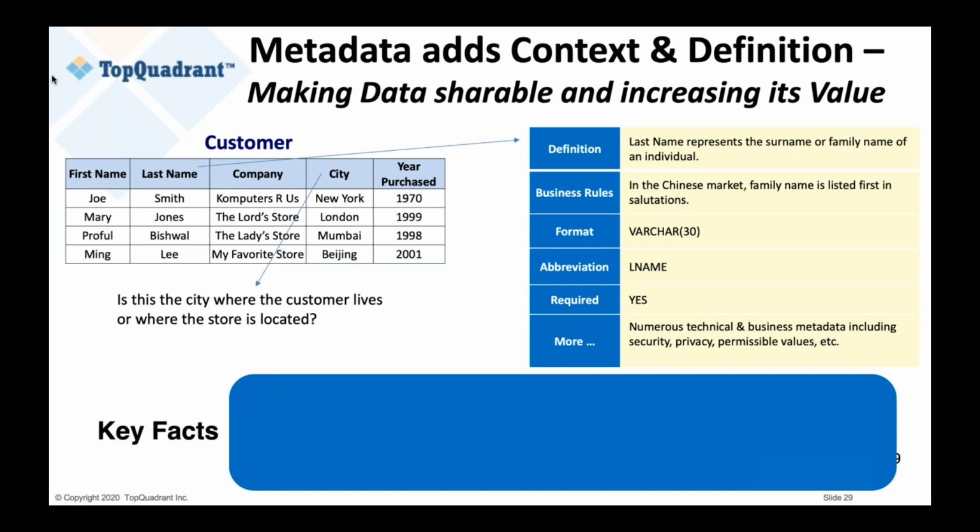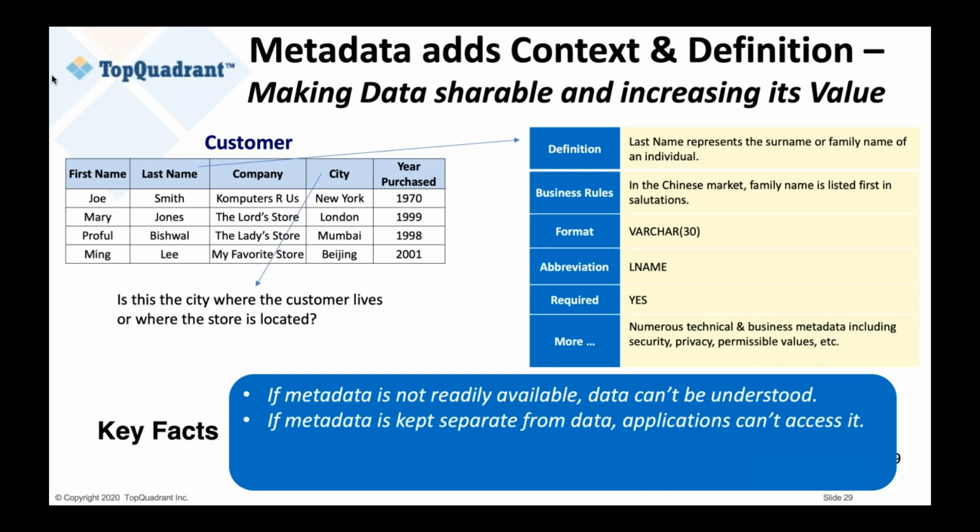So some key facts about this that I'd like to call your attention to. If metadata is not readily available, then as we just saw, the data can't really be understood. One cannot be certain that they're interpreting it correctly.